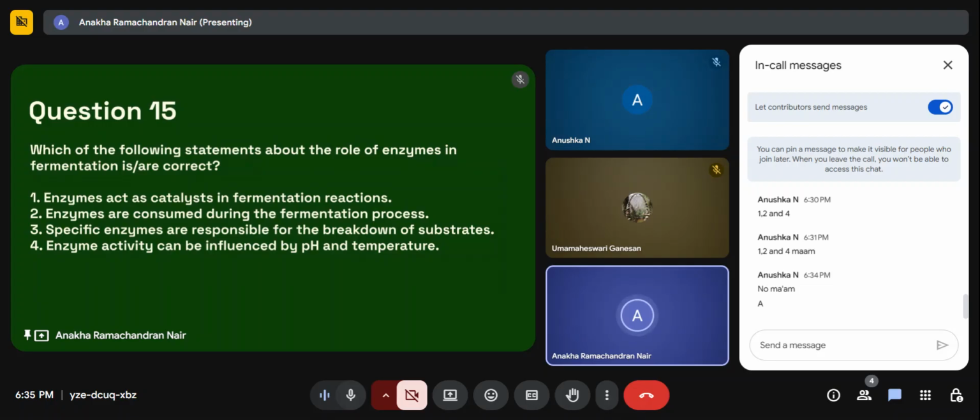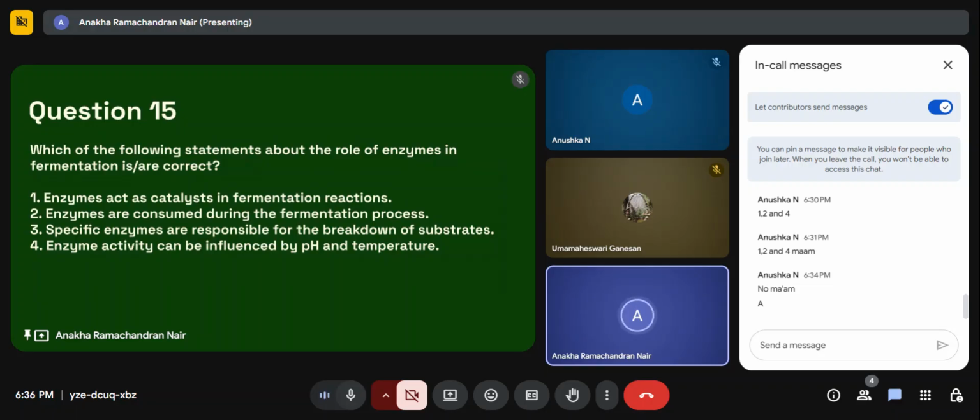So question number 15 is, which of the following statements about the role of enzymes in fermentation is or are correct? So there are four options given to you. Option 1 is enzymes can act as catalysts in fermentation reaction. Option 2, enzymes are consumed during the fermentation process. Option 3, specific enzymes are responsible for the breakdown of substrates. And option 4, enzyme activity can be influenced by pH and temperature.